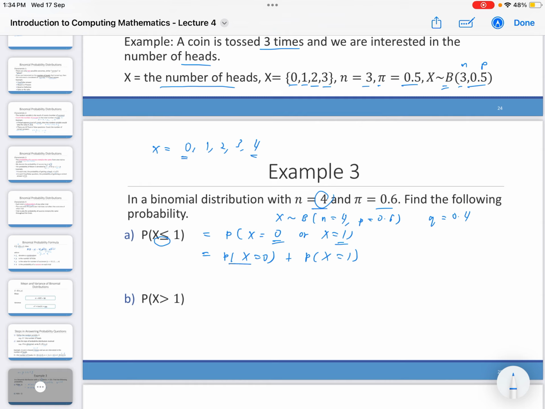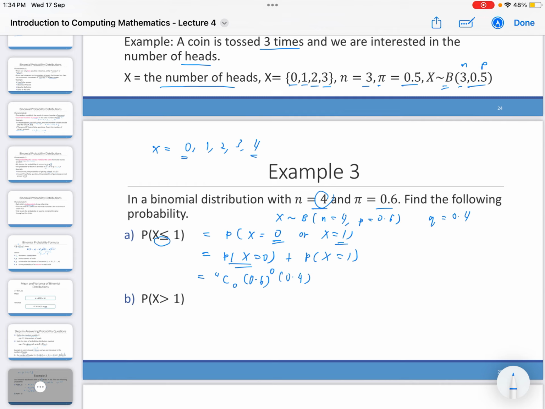Okay, and then we have this one. This is when we use the binomial formula that we learned just now. So this one equals n choose 0, so we have 4 choose 0. And then the probability of success is 0.6 to the power of how many successes, which is 0. And then times the probability of failure, which is 0.4 to the power of how many fails.